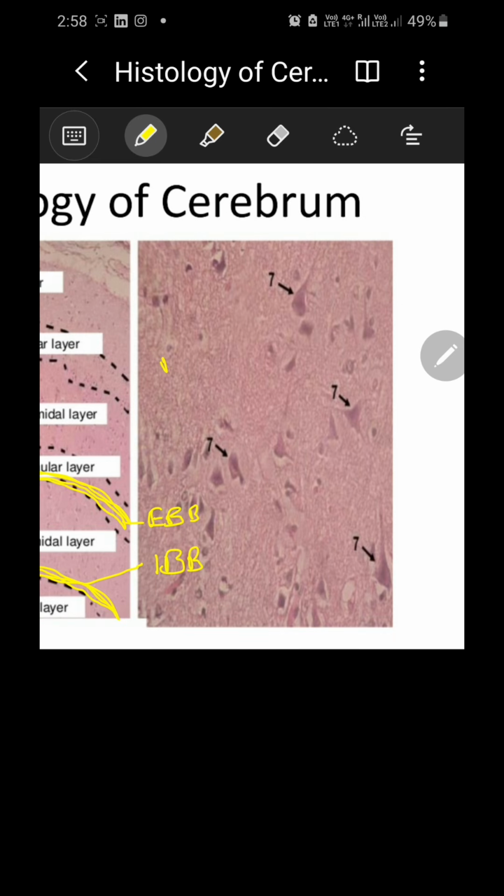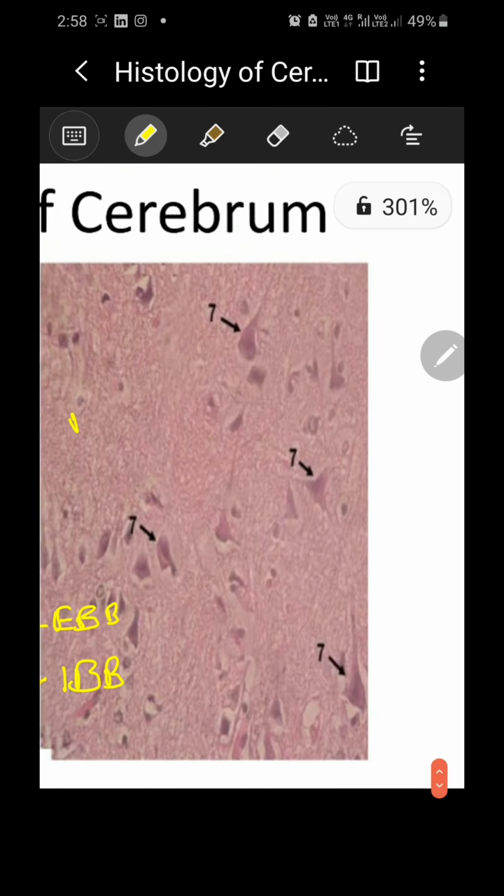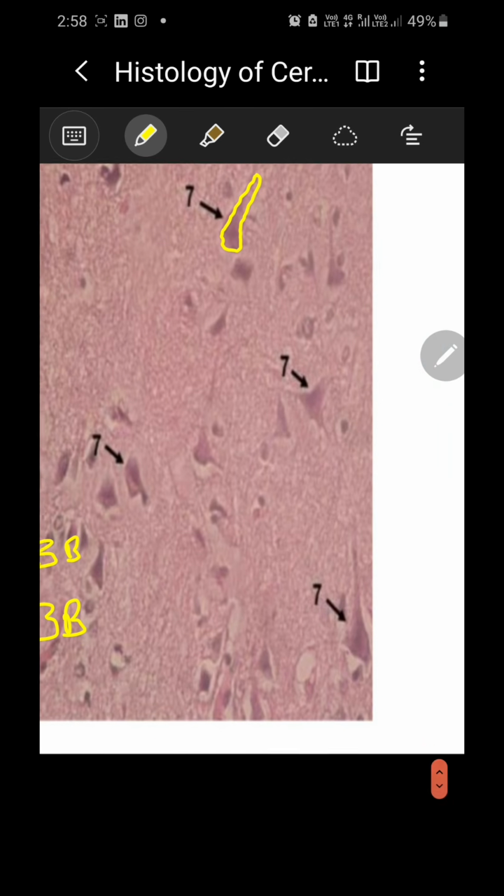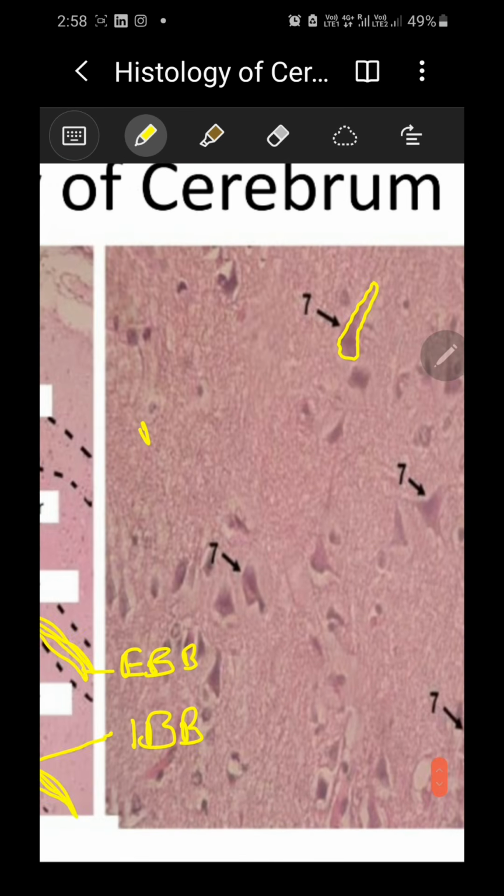Yep, so identifying nervous tissue. First of all, any slide you see, if you find such pyramidal cells, can you appreciate now? Such pyramidal cells, right? Can you see this one? So clearly they have marked it out. If you start identifying pyramidal cells, at least you will be sure that it's nervous tissue.